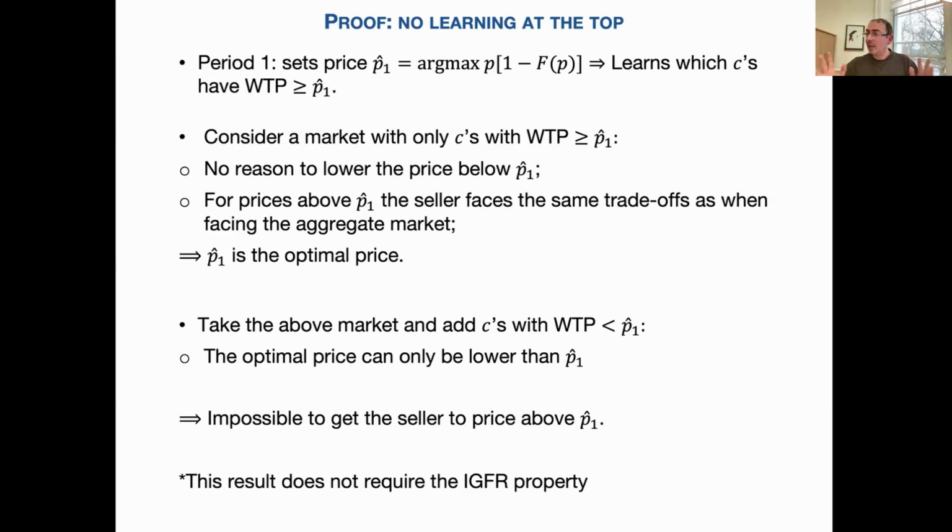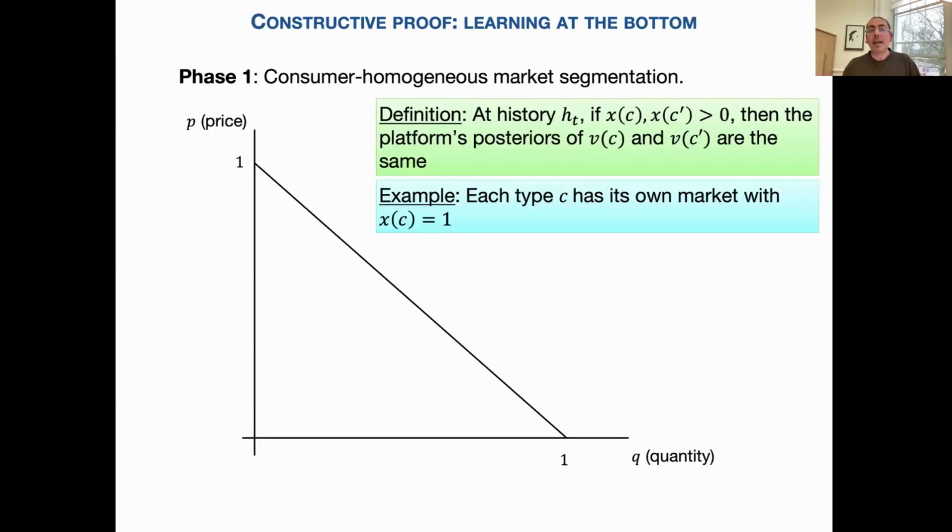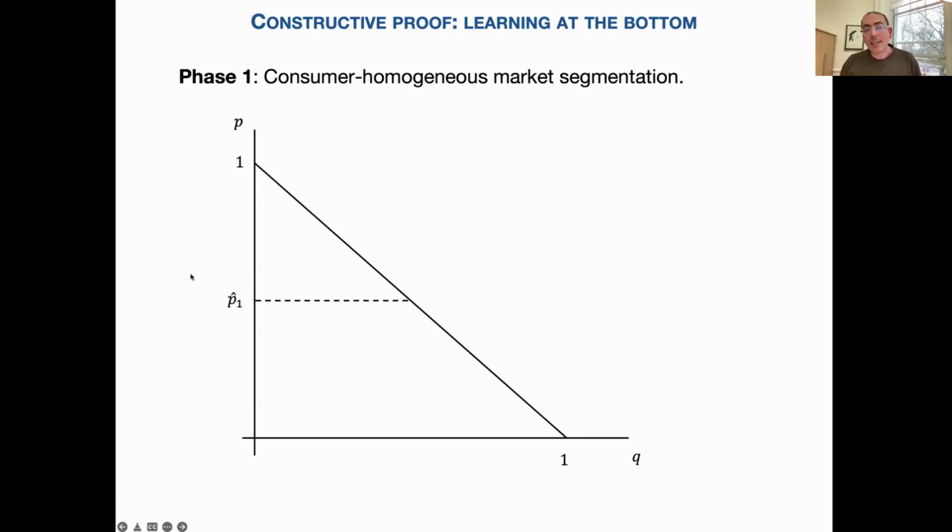Okay, this is going to be the way in which I'm going to do it. And let me tell you, the first phase, I'm going to have a consumer homogeneous market segmentation. That is, I'm going to create markets where I'm going to put only consumers with the same characteristics. So at the very beginning, any market segmentation that I do will induce the same price because every value comes from the same distribution. And we know the price is P at 1.